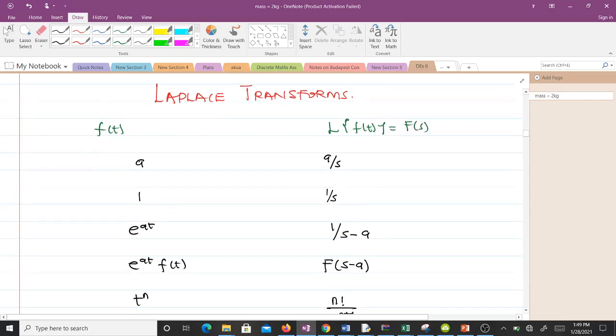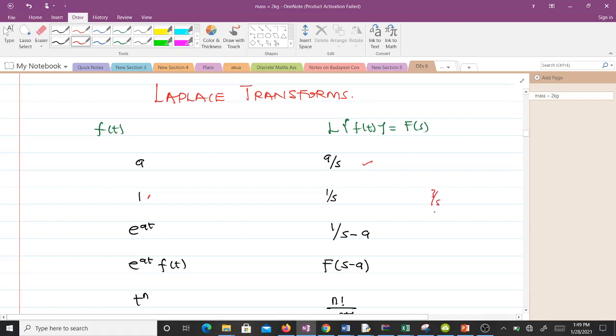When you have a, where a is any number, when you find the Laplace of that, it will be a over s. I know you might have known some of these, but let's just revise ourselves. Since the Laplace of a is a over s, that means when you have 1, the Laplace of 1 is 1 over s. If it is 3, it will be 3 over s.